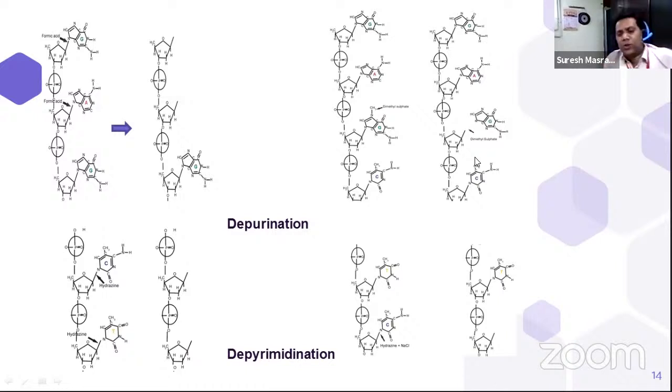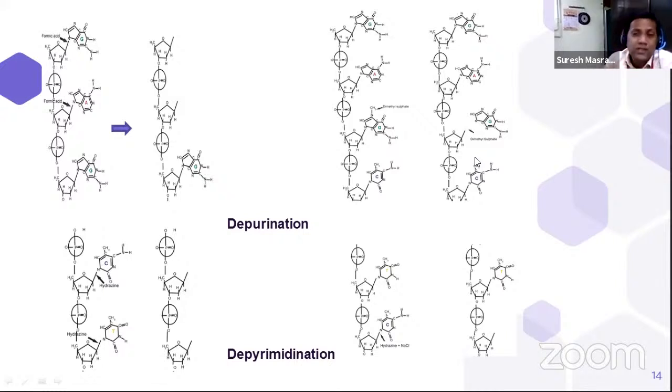Thus, for depurination, that means to separate out the purines, we have two options. First, we can use formic acid, which can separate both purines, guanine as well as adenine.